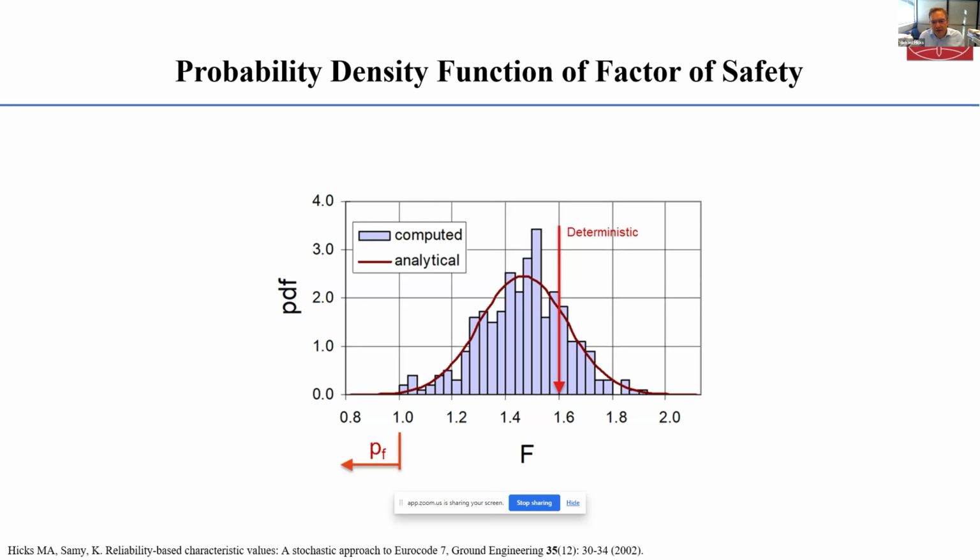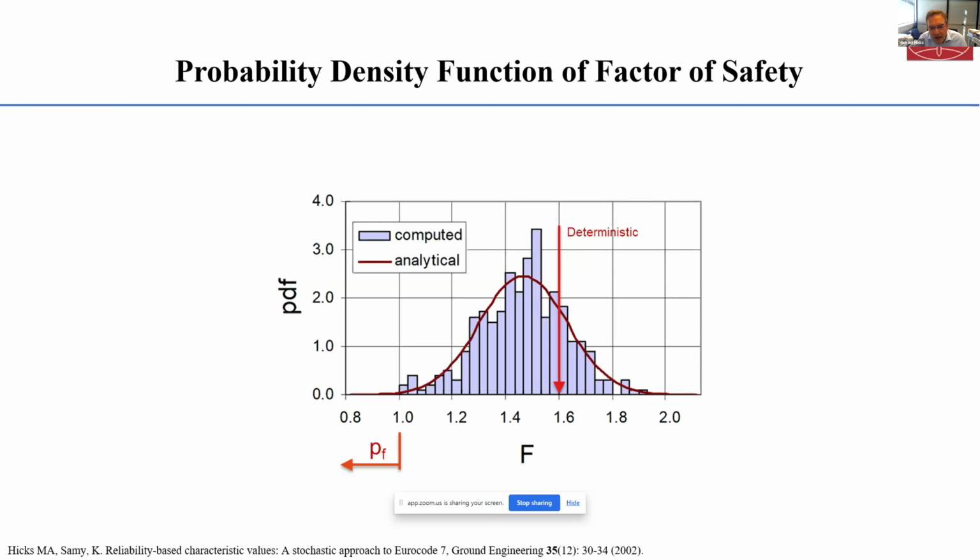Now, the reason we have this wide range of solutions is because we are uncertain about the material profile at the site. We may be confident about the statistics of the shear strength at the site, the mean, the standard deviation, and the scale of fluctuation, but we don't know exactly where the weak and the strong zones actually are.